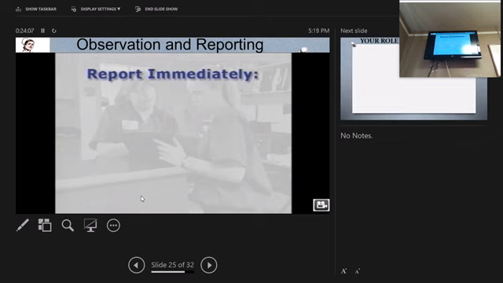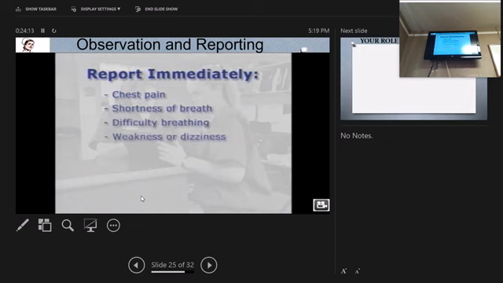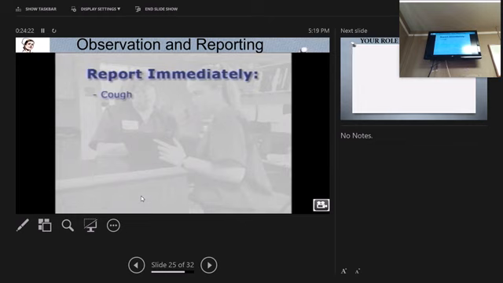Signs and symptoms of illness should be reported to the nurse immediately. These include chest pain, shortness of breath, difficulty breathing, weakness or dizziness, headache, pain, nausea or vomiting, diarrhea, cough, cyanosis or changes in color to blue or gray.